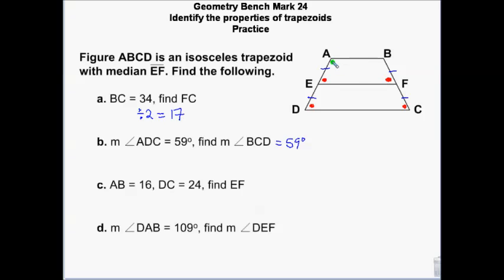And then this angle is the same as this angle, which is the same as this angle, which is the same as that angle. And then the same things hold true. Red and green would add up to 180. So these two would add up to 180, this one and that one, this one and this one, you know, any red and any green would add up to 180.